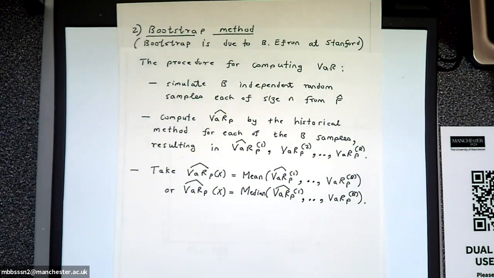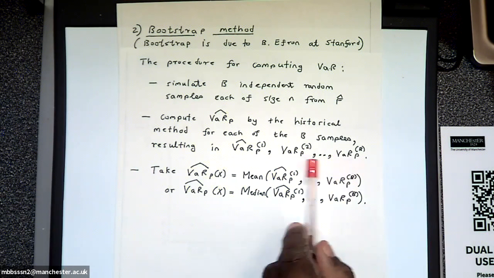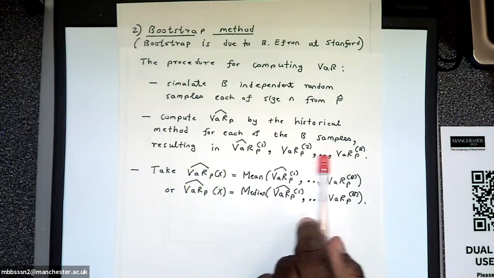So if you have B equal to 100, you will simulate 100 samples, each of size n. And for each of the 100 samples, you will compute VAR by the historical method. So it will give you 100 different estimates.